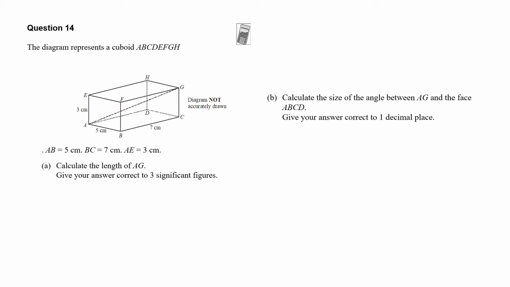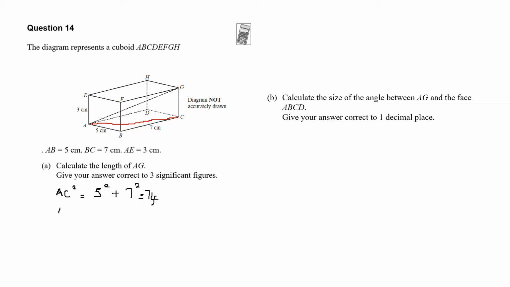So I want to find that line that is marked. I'm going to start off by finding AC, and to do that, I'm going to use Pythagoras' Theorem. AC is the hypotenuse of a right angled triangle, so AC squared will equal AB squared, which is 5 squared, plus BC squared, which is 7 squared, and that will give me 74.